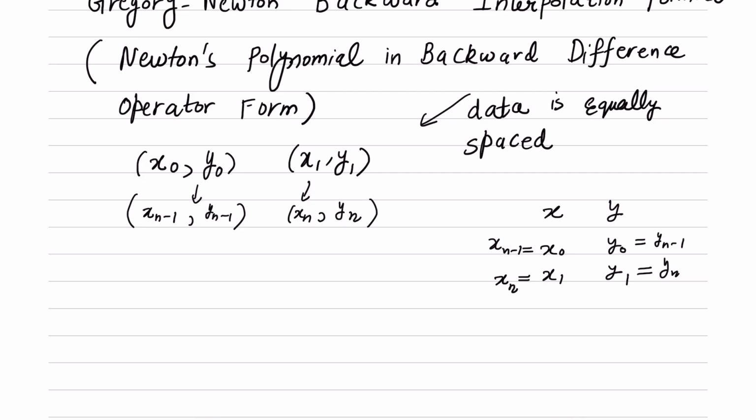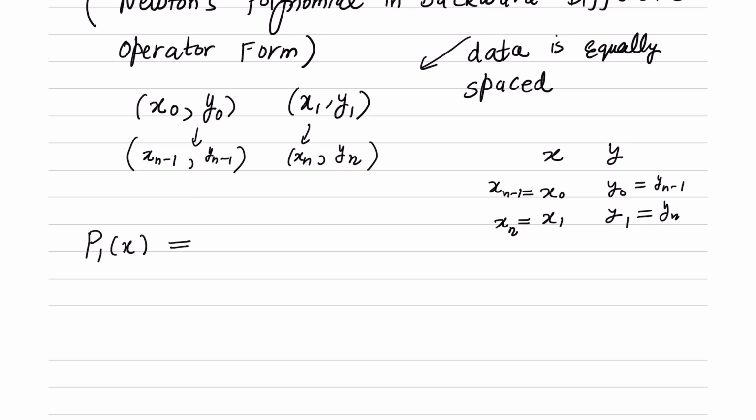The Newton's polynomial will be of degree 1 because for 2 points the maximum degree of the polynomial is 1. So we write p1 of x equal to a0 plus a1 times a linear factor. Remember, for forward difference and divided difference operators, our polynomial was p1 of x equal to a0 plus a1 times x minus the starting x value, x0.